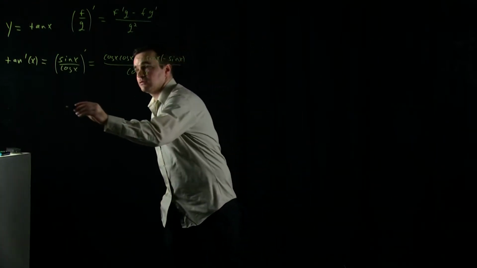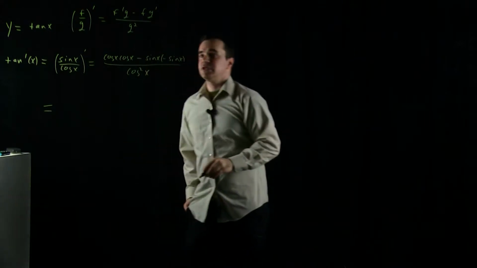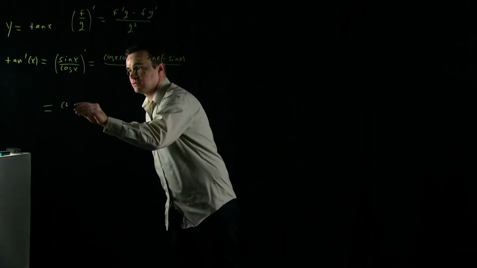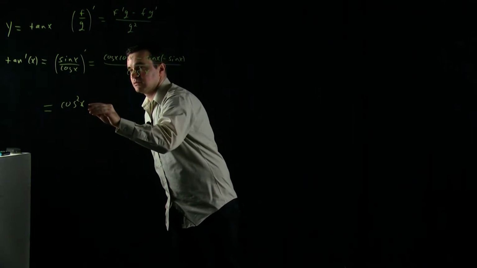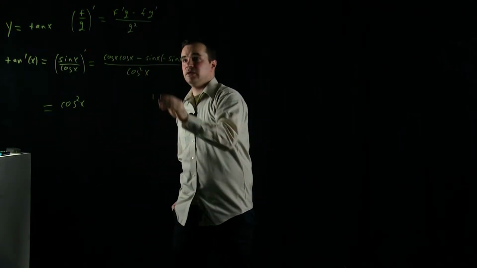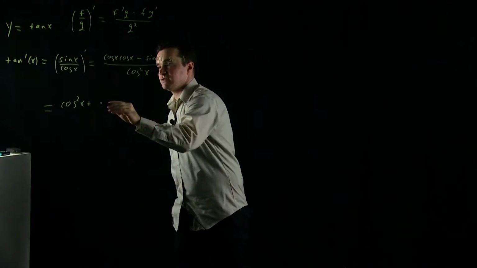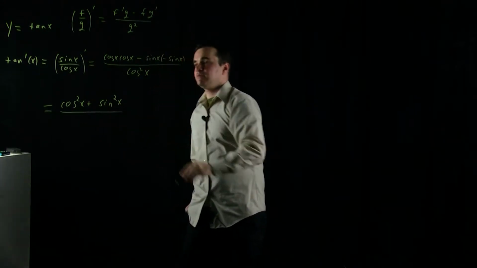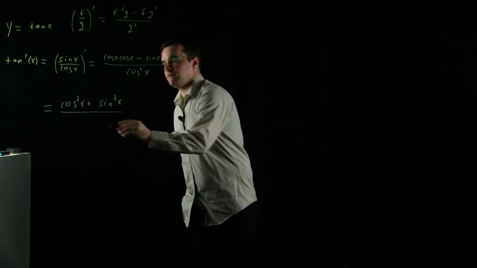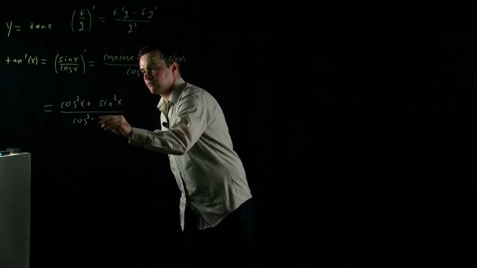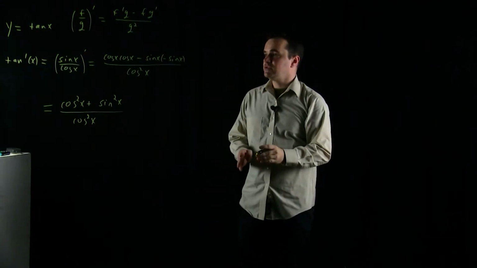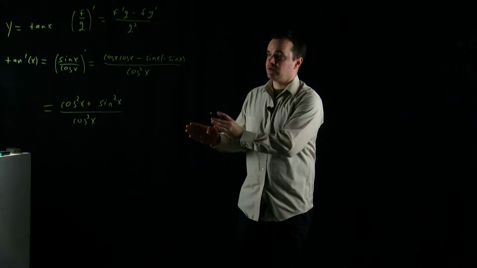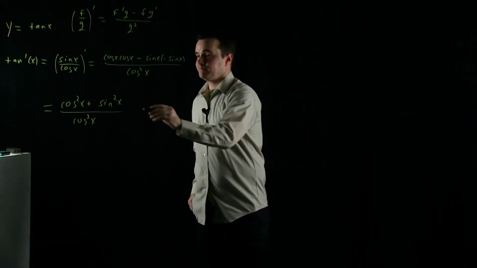Let's just reduce this algebra a little bit. Cosine x times cosine x is cosine squared x, and then the 2 negative signs give me a positive. So I get cosine squared x plus sine squared x, all divided by cosine squared of x. Here I want to use my trig identity that for any x, cosine squared plus sine squared equals 1.